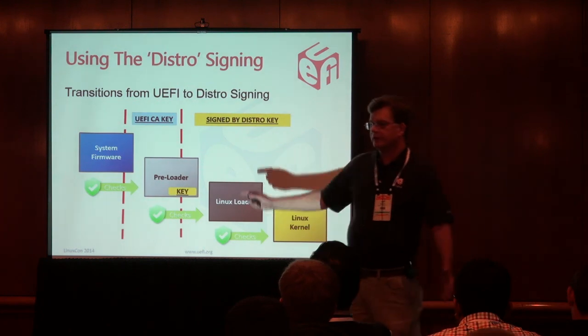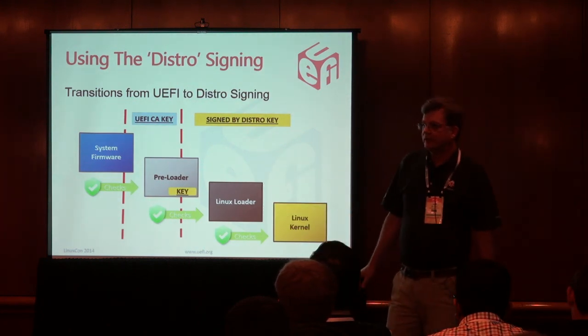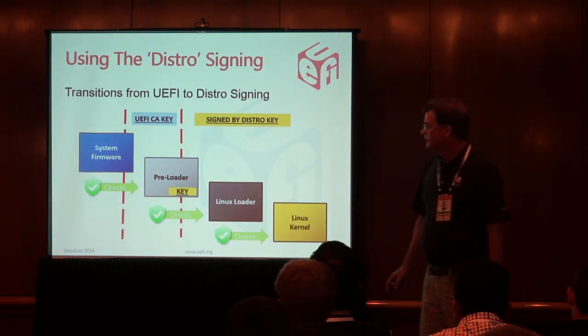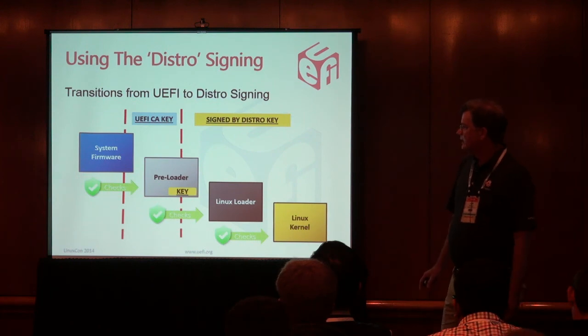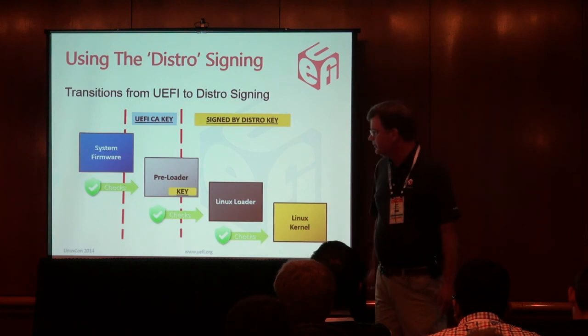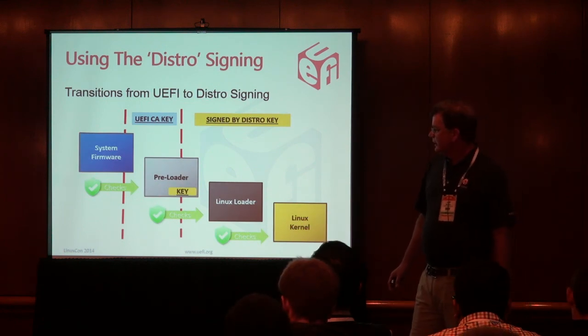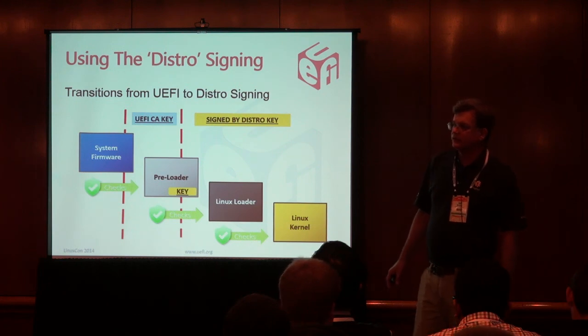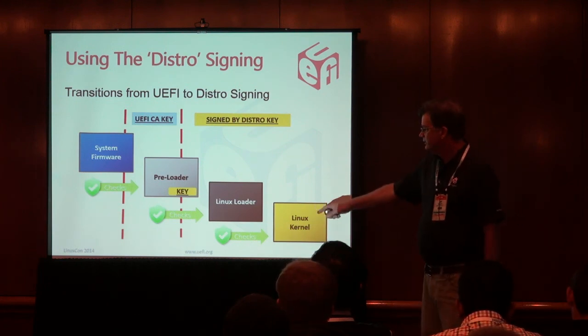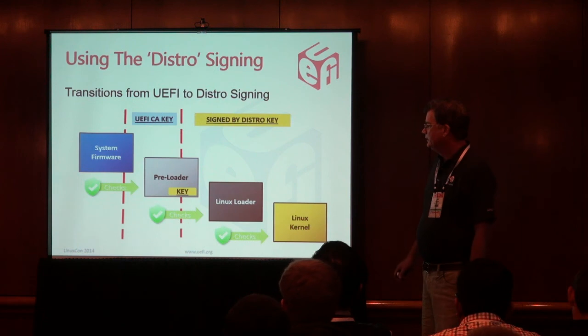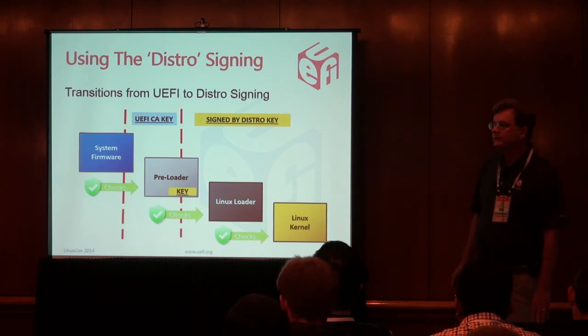First we're going to be in the security domain of the system firmware, the root of trust. The system firmware has a copy of the UEFI CA public key, and it uses it to verify the preloader, which is shim.efi in our example. And it has built into it the distro key, which it uses to verify the Linux loader. And the Linux loader uses that to verify the kernel.